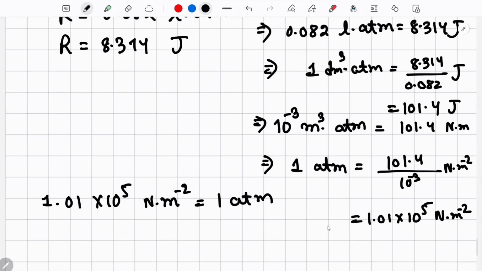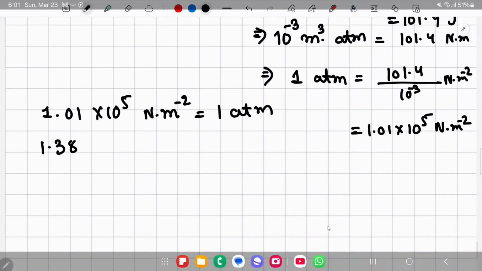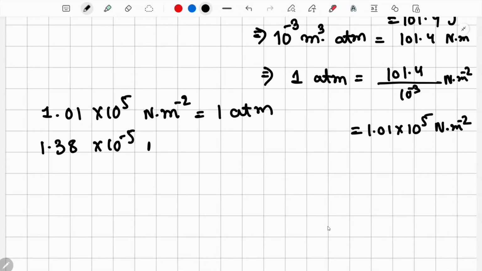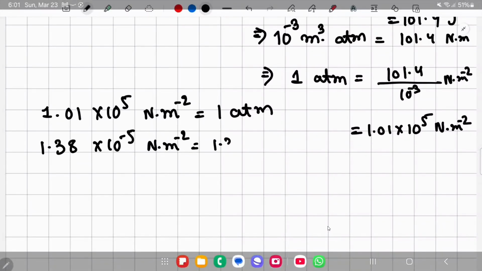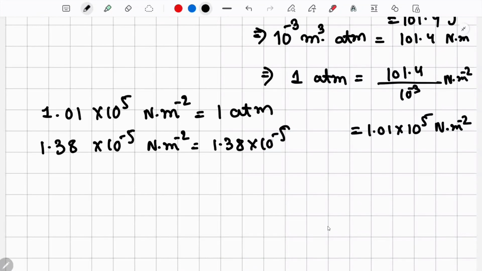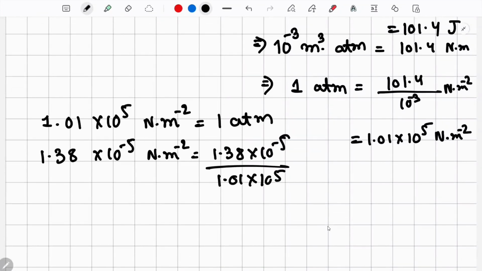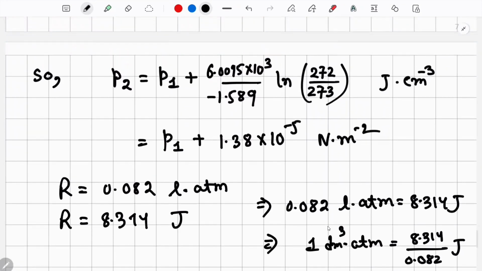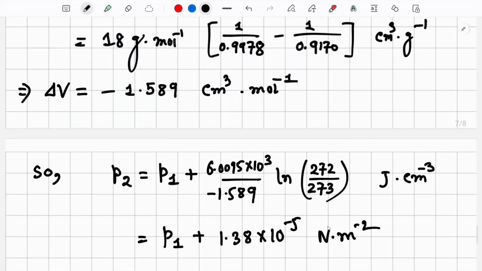So it is 1.38 into 10 to the power minus 5. I don't know what is happening. It's a very small value. Just one power mistake is there, I think.